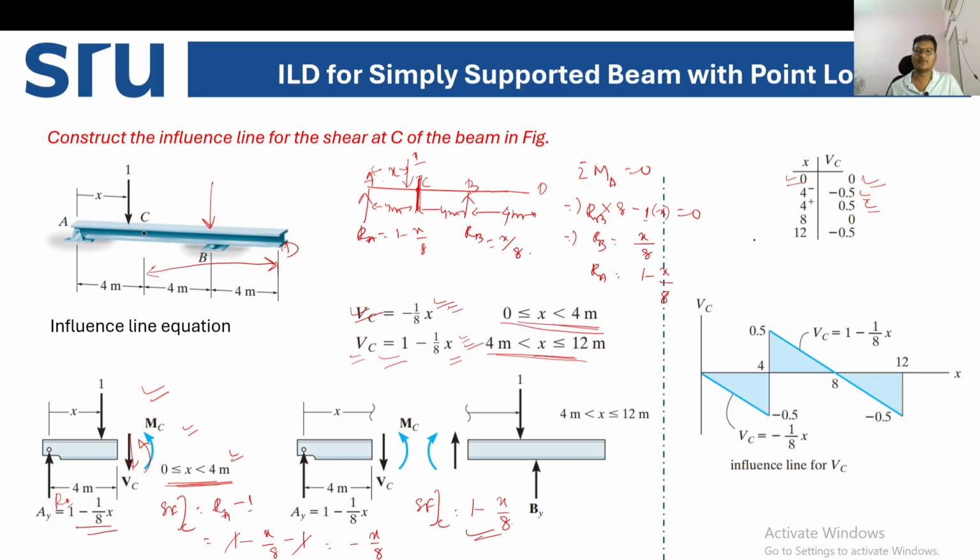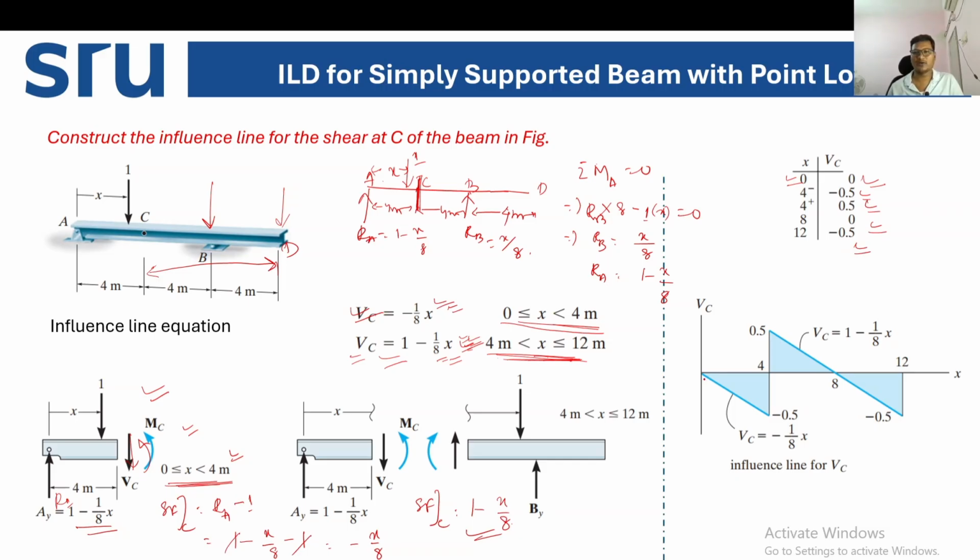So when you put the value of x equal to 8 in this equation, 8 means now your x is 4 to 12, so 1 minus 8 by 8, it is 0. When x is equal to 12, that means when the point load is at D, we'll get minus 0.5.